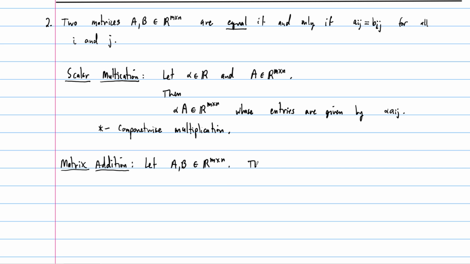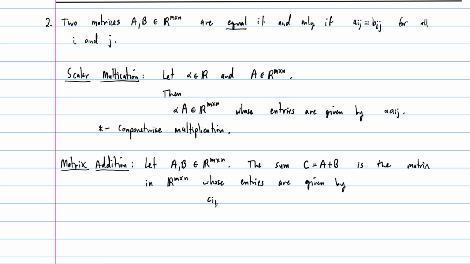All right. The sum matrix, which we'll call C, equal to A plus B, is the matrix, again, in the same space. So it's going to be closed. This operation is going to be closed, but it's the matrix in R m by n whose entries are given by the following formula.